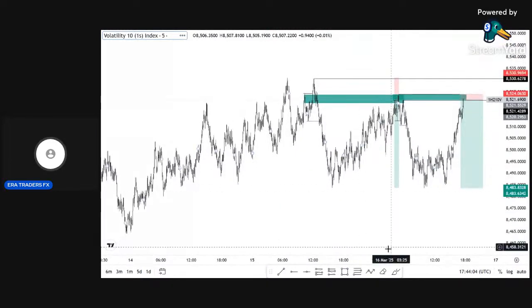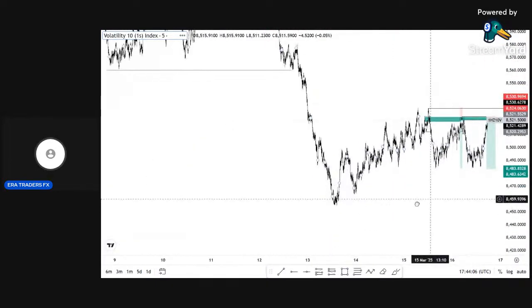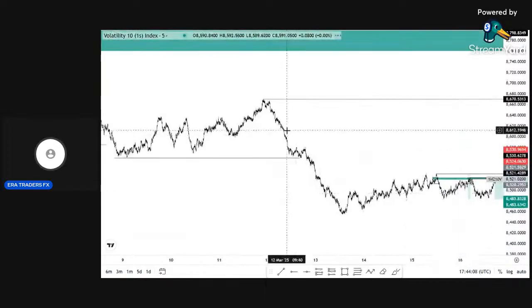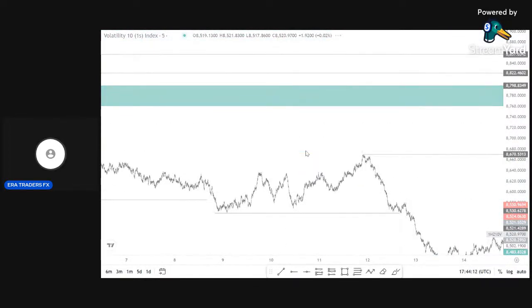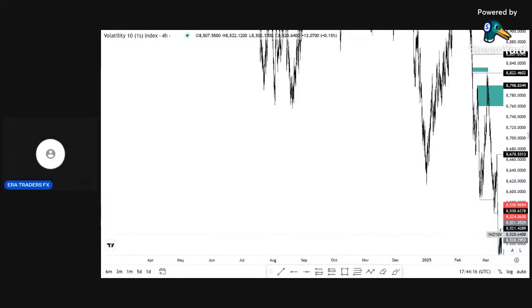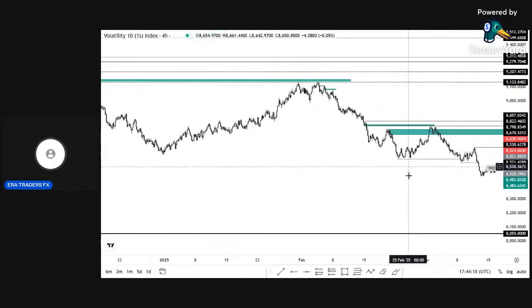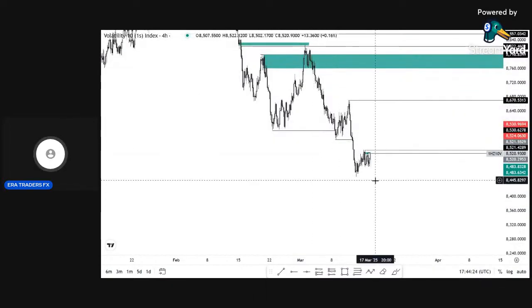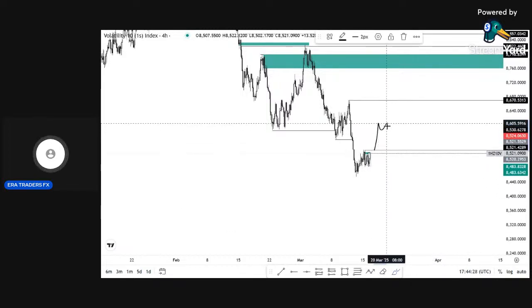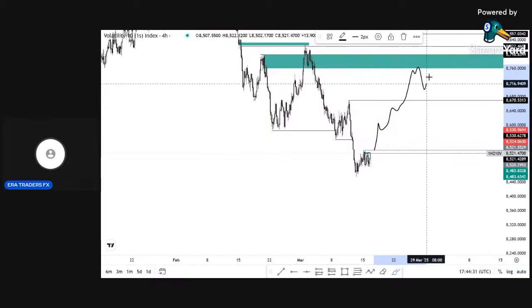But remember that from the overall bias, on the 4 hour time frame we did not really see any tangible stuff immediately, apart from this major sweep, major break, and major liquidity. So we're expecting that the price might actually go to this region, take this one out, and now come down like this.